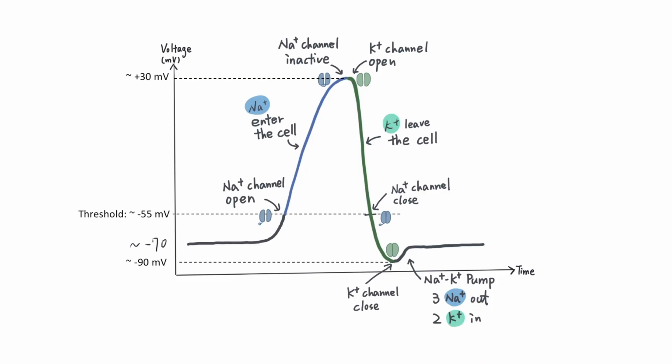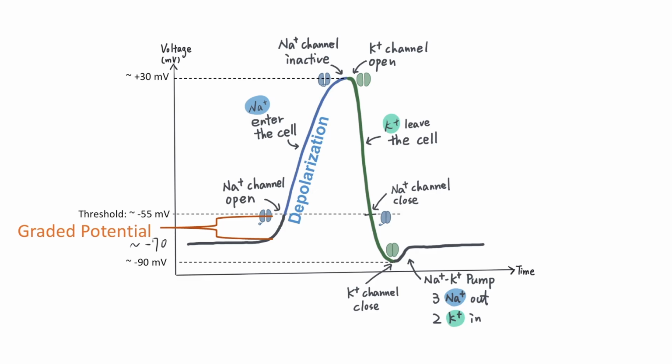Before the voltage reaches minus 55 millivolts, which is the threshold for action potential, the action potential does not happen. So we call this graded potential. When the voltage is going up, we call it depolarization. Because your cell was originally polarized to be minus 70 millivolts, and now you are depolarizing it to be positive.